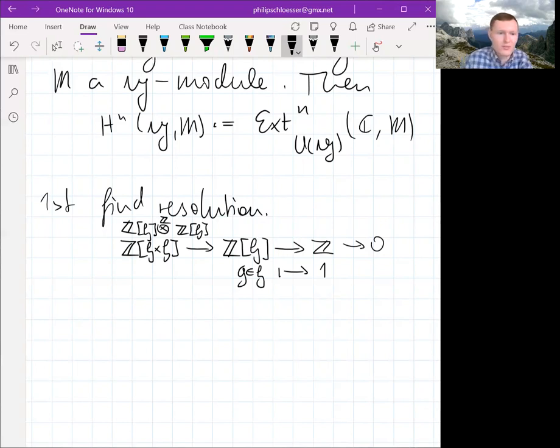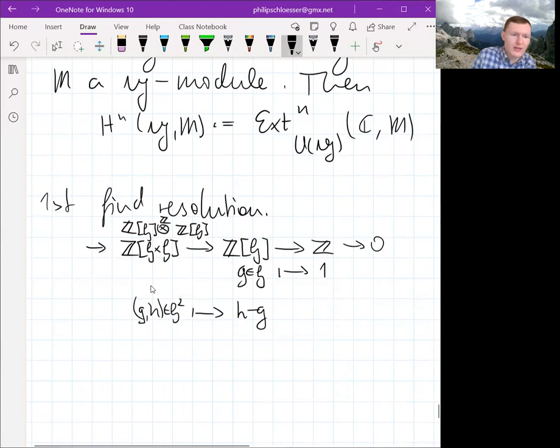It is a free module because you can take a basis in bijection to the elements of G. Well, in any case, it's a free ZG module, and you map a pair (g, h) in G squared to h minus g.